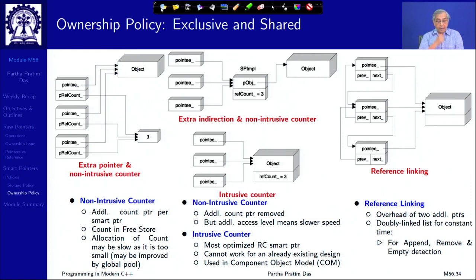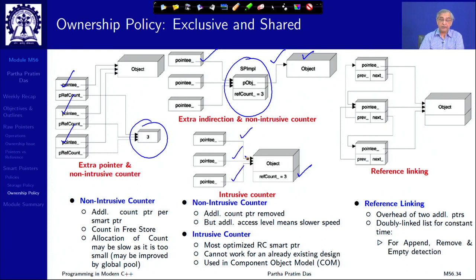Simple. Now, the other way could be that instead of having the pointer to the object in every smart pointer, you could have that in the counting object itself. So, everyone has now just one pointer. You save on space, but now to get to the object you have to dereference twice. Or the most efficient is if you keep the counter as a part of the object itself, in which case you just have to dereference in one go, no overhead.